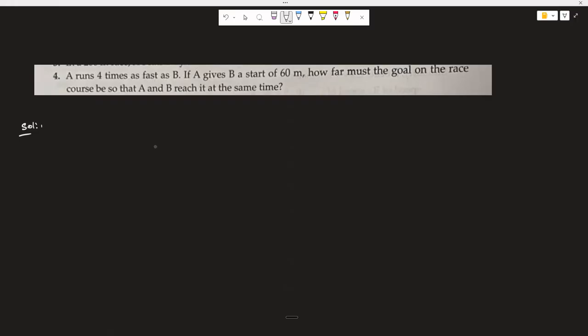And then he said, if A gives B a start of 60 meters, so A is faster than B. We already know that fact.